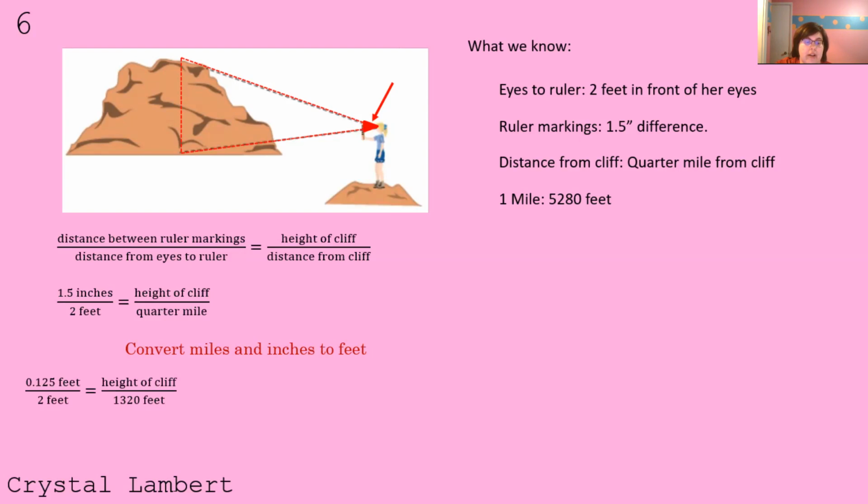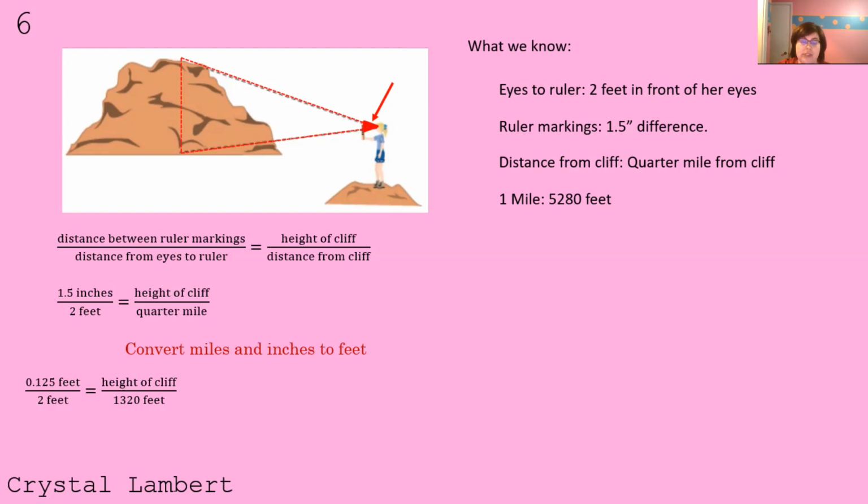So here we take 1.5 inches and divide it by 12, and that gives us 0.125 feet. Hold up. 1.5 inches is equal to 0.125 feet, divided by 2 feet. We already know she was 2 feet away from her ruler.